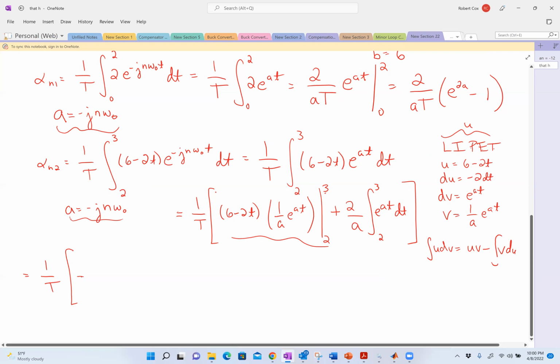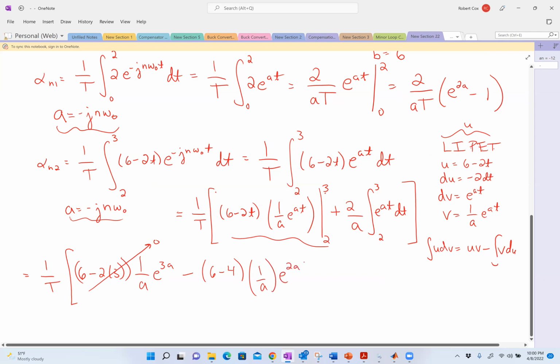So I have just the second term. If you're not clear on that, let me not skip that step. I'll say 6 minus 2 times 3 times 1 over a e to the 3a. This term goes to 0, minus 6 minus 2 times 2, so 6 minus 4, times 1 over a times e to the 2a.